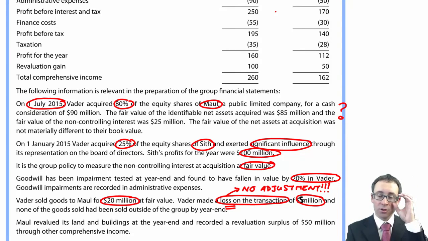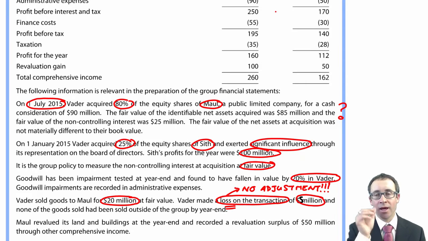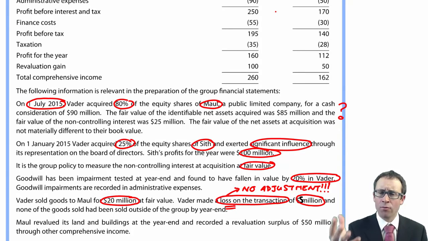We don't make any adjustment for that loss on the sale, because we assume that it's at arm's length, and therefore that loss is a genuine realized loss, so we should leave it in. Don't remove it, we only remove any profits. Provision for unrealized profits, not provision for unrealized losses. So just bear that one in mind. It's a tiny little one I think the examiner threw in a good few sittings ago. If it's a loss intragroup, don't adjust for it, particularly if it's at arm's length.